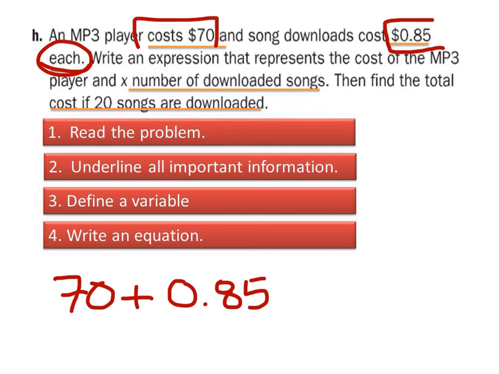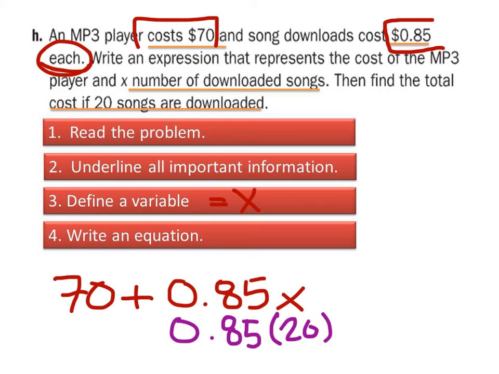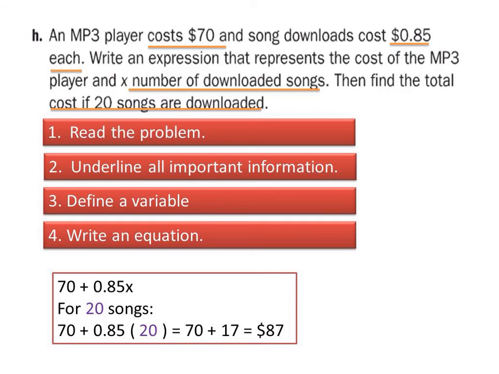You don't know how many songs, it's just X, and the variable is X. Then find the total cost if it's 20 songs. Well, X now is 20. So 0.85 times 20 plus the 70. So what is it, like 86? 87. $87.